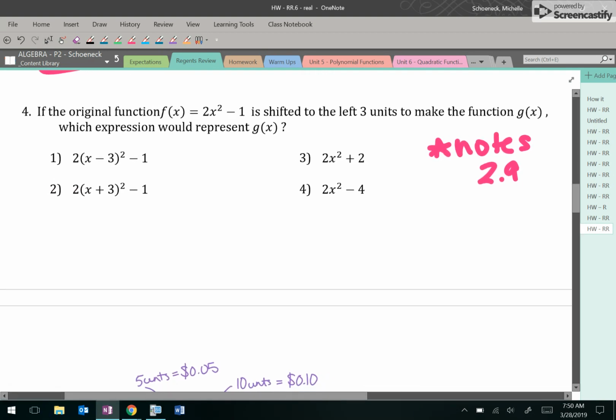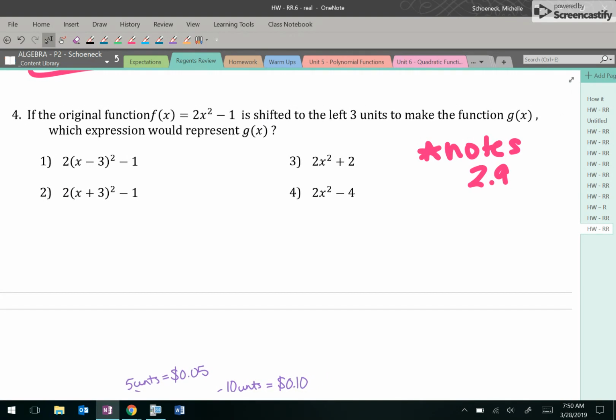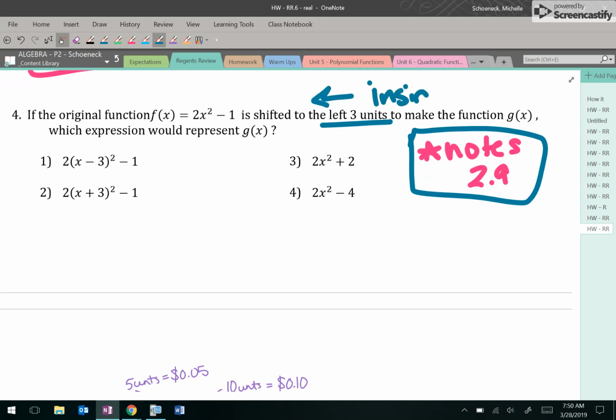Number 4, if the original function 2x squared minus 1 is shifted to the left 3 units to make the function g of x, which one would represent g of x? Well, shifting to the left, first off, go back to notes 2.9 in our transformations, and you're going to find that shifting to the left is a horizontal change, so it should be inside our parentheses.